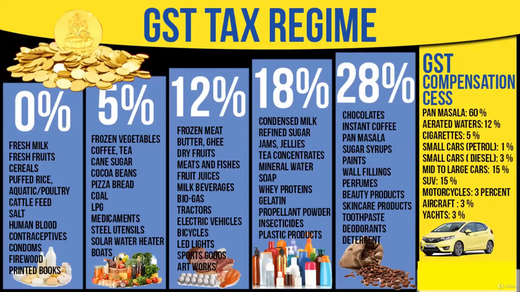Now, the government has specified some tax rates under the GST regime, that is 0%, 5%, 12%, 18%, and 28%. There is a specified list for each and every commodity and service. You have to check the list from the GSTN portal. You can download it from there or search on Google as well.